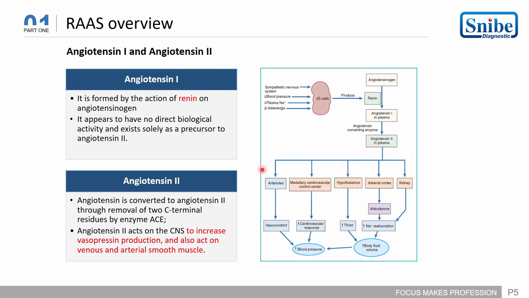You can see that it causes vasoconstriction and increases blood pressure. In the kidney, it promotes sodium reabsorption, and the adrenal cortex releases aldosterone. The hypothalamus drives thirst and body fluid, and they control the acid-base balance in the body and the blood pressure controlling system.